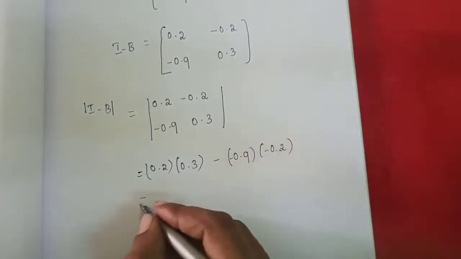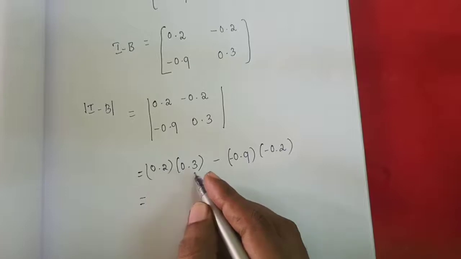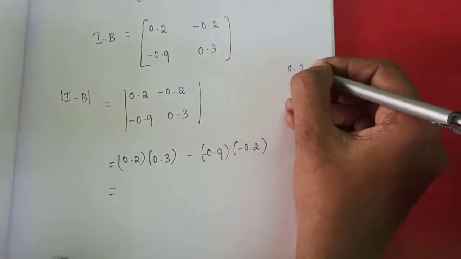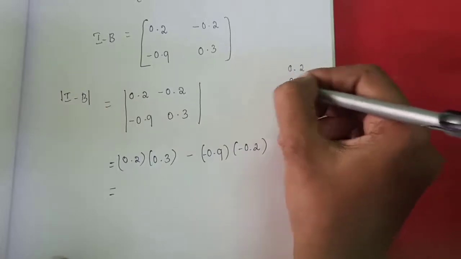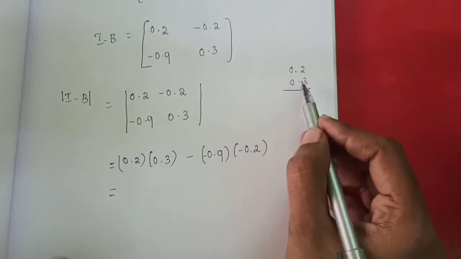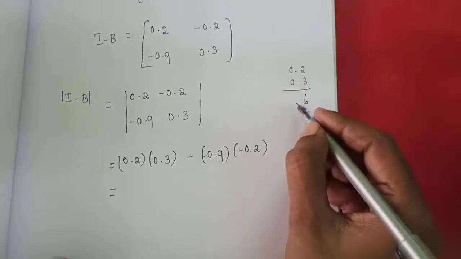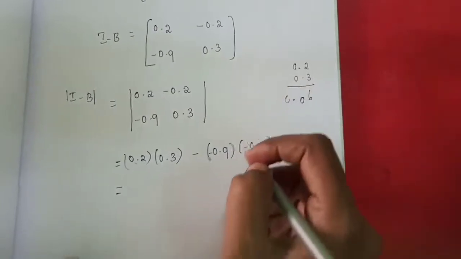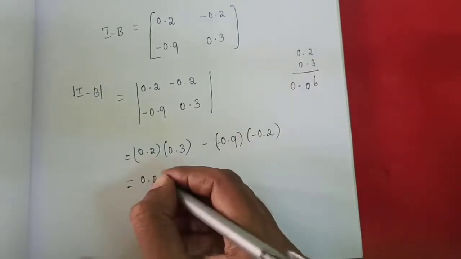Do it very carefully. So 0.2 into 0.3: just multiply 2 into 3, 6. Two places after the decimal, so you need to put the point two places over. That is 0.06.